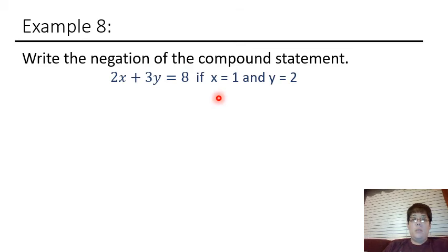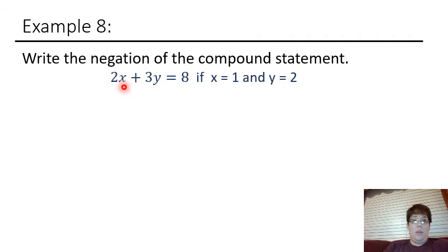Notice this one is a little different because it's kind of written backwards. Usually we see if something, then something, but they kind of just wrote this backwards. But it's still this: x equals 1 and y equals 2, that's my P. And then the 2x plus 3y equals 8 is going to be my Q.